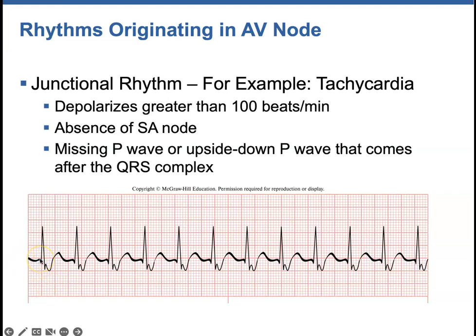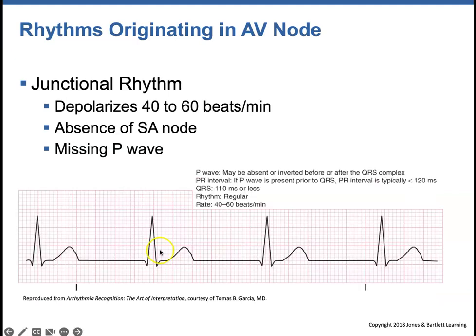There goes the SA node, didn't come to work. Here's your QRS. Then it basically says fine, and starts storming off in the wrong direction, but then comes back and shows up upside down. It's kind of like, why do you even come to work, right? So this is your upside down P wave. So you can have a late P wave as well in a junctional rhythm. But clearly you can see here in this slide that there is no P wave: junctional rhythm.